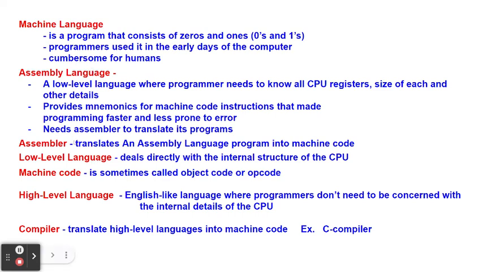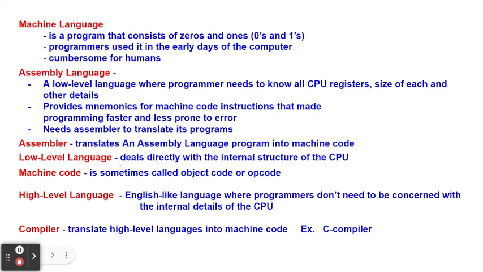And we need the assembler so that the mnemonics or code that we write in assembly language will be converted back into machine code, or machine language. So we write our program in assembly language and it will still be transformed down to the language of the machine, which is machine language. And to do that, we need an assembler.